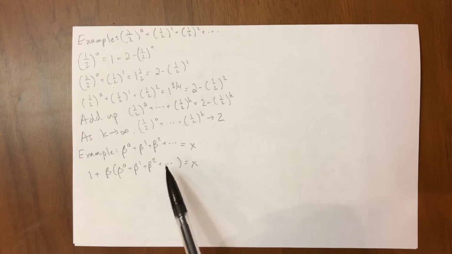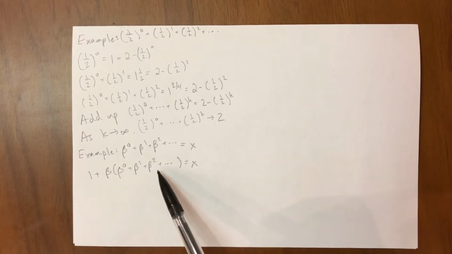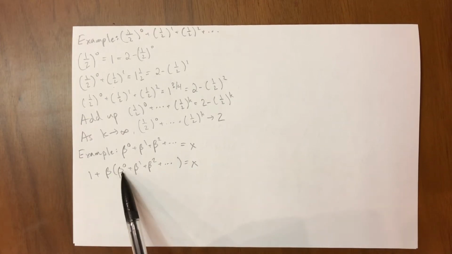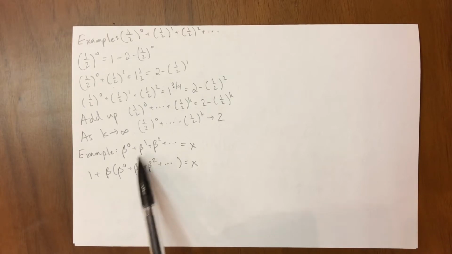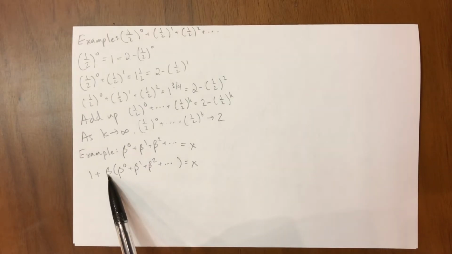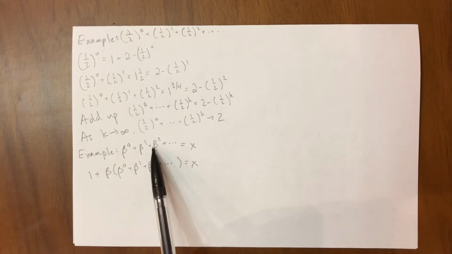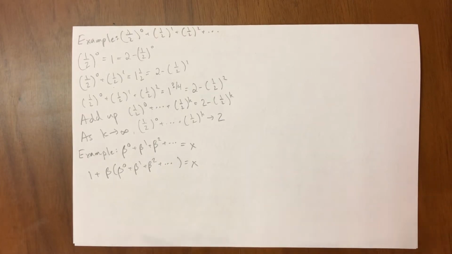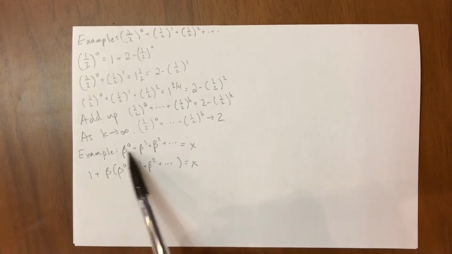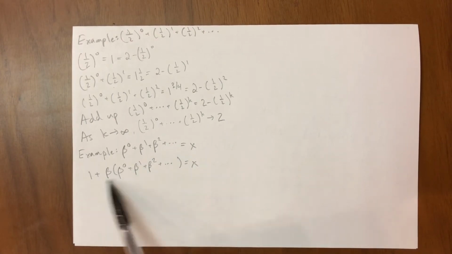This looks a little bit strange, so I just want to talk through how this step happens. Beta times beta to the 0 is beta to the 1. Beta times beta to the 1 is beta squared, and so on, right? And so the left-hand side of this expression is just equal to the left-hand side of the previous expression.